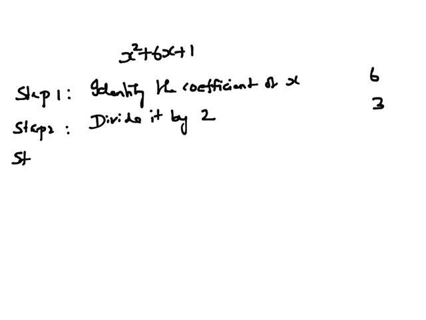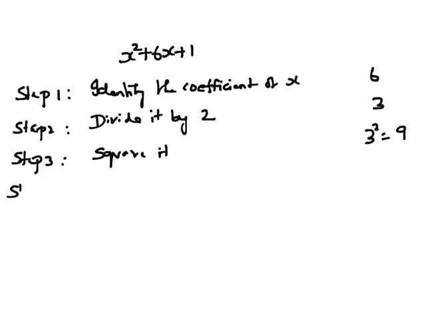Now step 3 is square it. So that means I'll get 3 squared, which is 9. Square it means square the number that you got in the previous step.